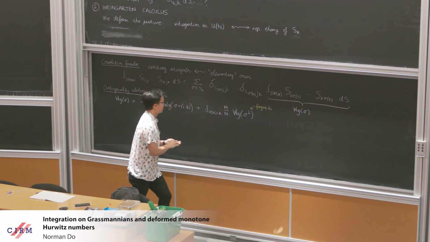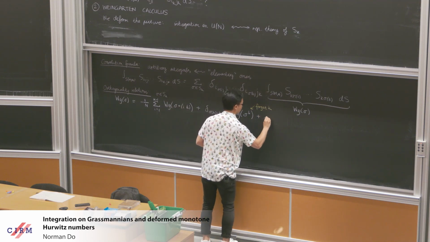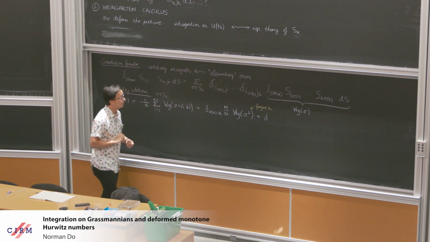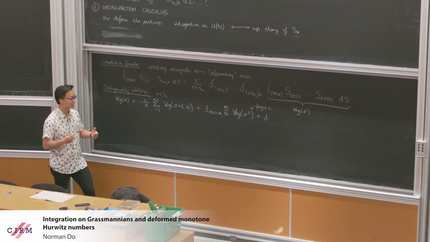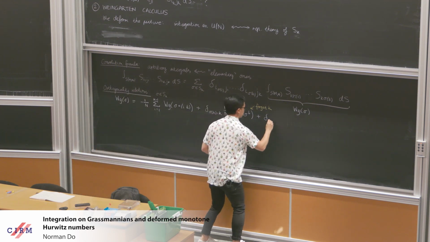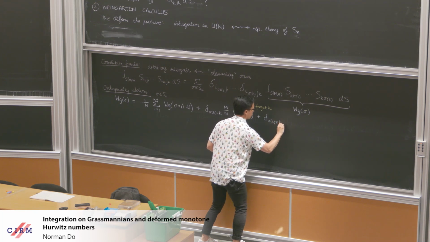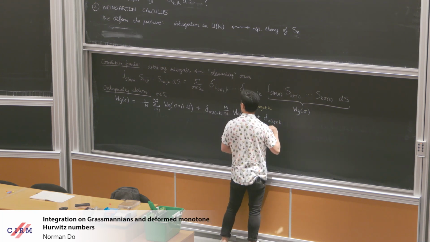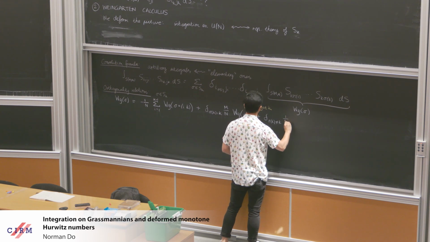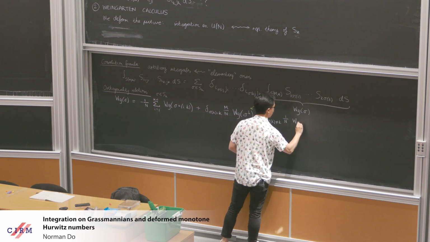Okay, and then there's a third term as promised, and you might be able to predict this is what happens when sigma of k just doesn't equal k. Okay, and this looks a little bit complicated, but it's not so bad.